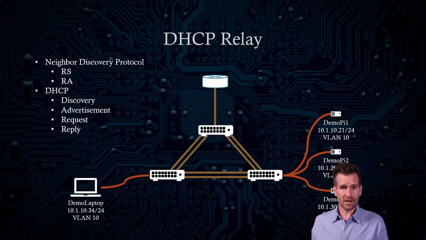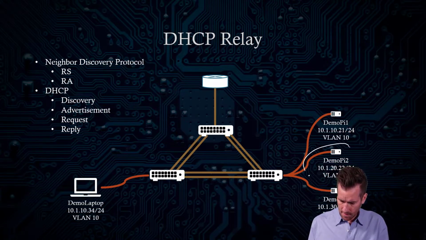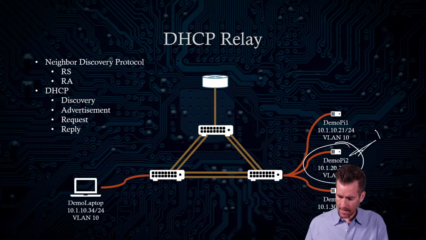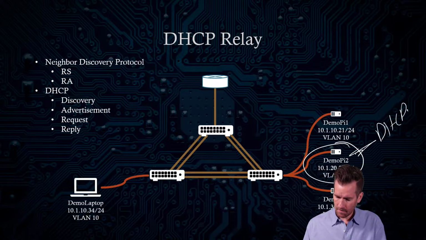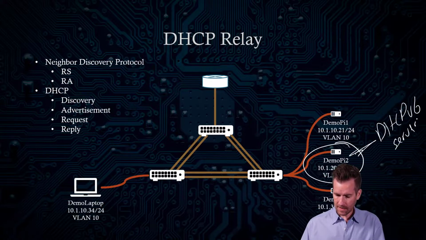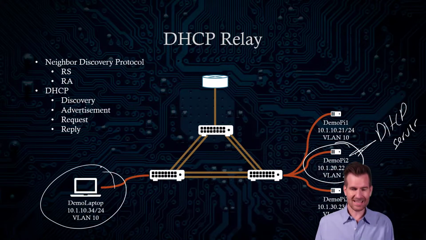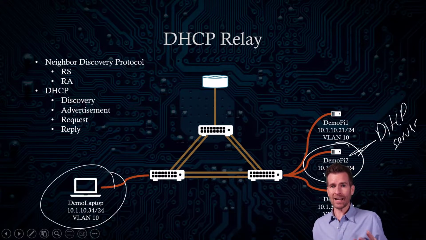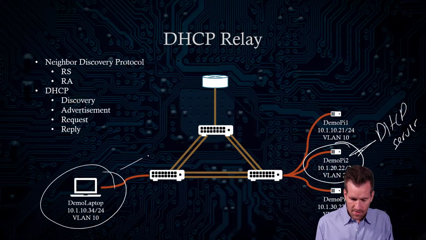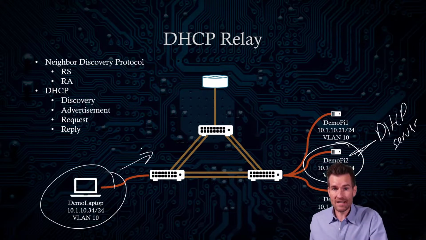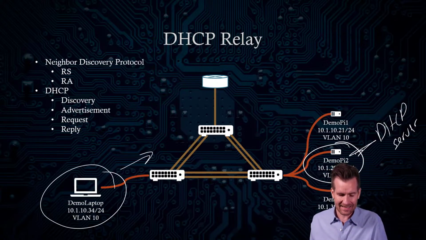In one of my prior examples, we talked about this demo Pi 2 being a DHCP version 6 server. Or perhaps maybe it is just a DHCP server. Whatever the case may be, this demo laptop is on a different network. So if we're talking about DHCP, that initial request is not going to go outside of VLAN 10.